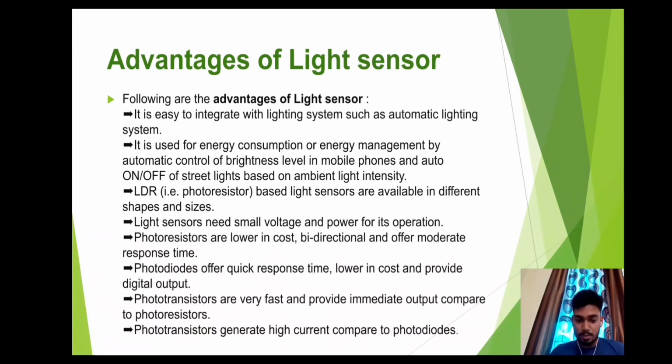Photodiodes give us a quick response as compared to photoresistors, and these are also low in cost. Phototransistors are very fast and provide immediate output as compared to photoresistors. Means phototransistors are more efficient, more convenient, and have greater efficiency.